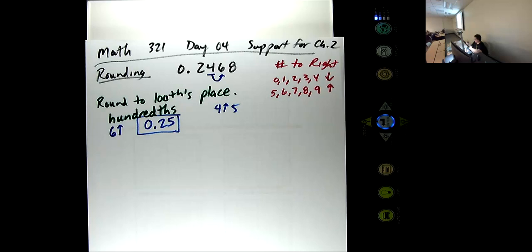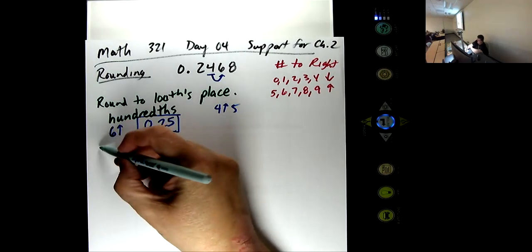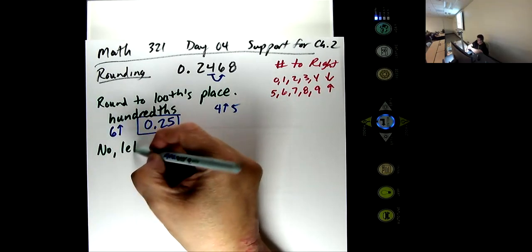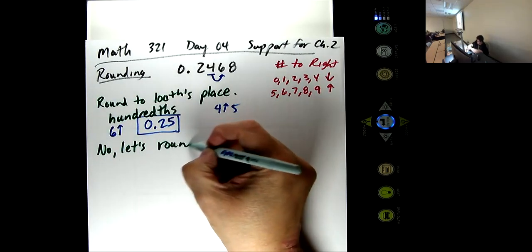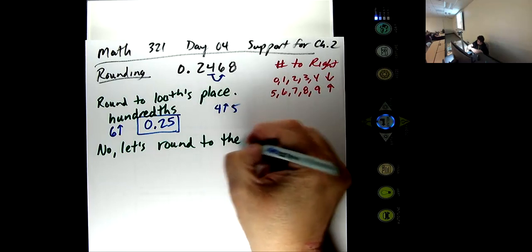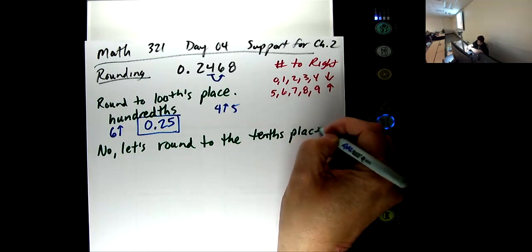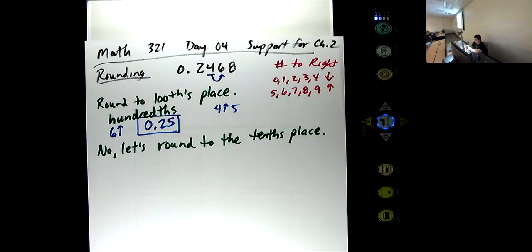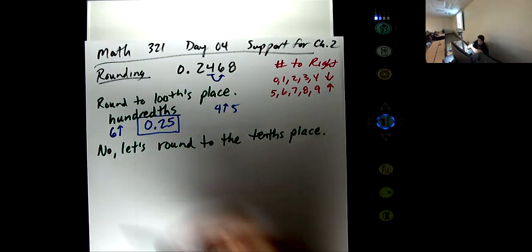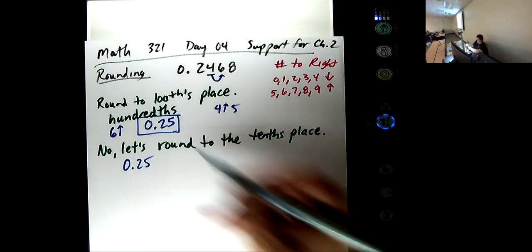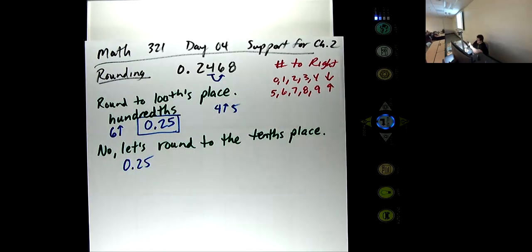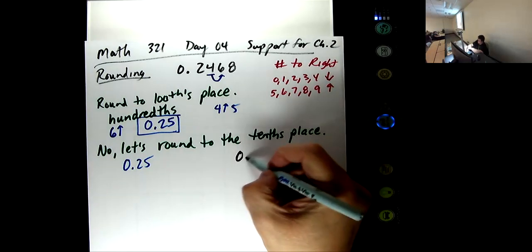Let's say we decided to change our mind and said, no, let's round to the tenths place. I'm going to show what happens if you continue from the 0.25, or if you go back to what we started with, the 0.2468.